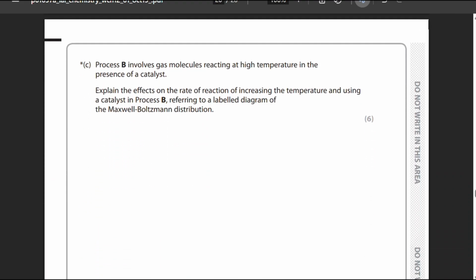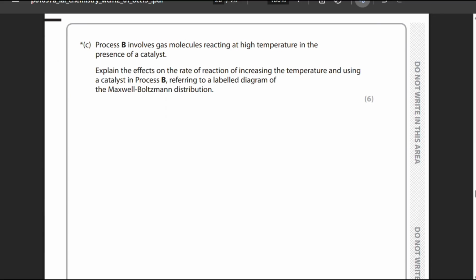Process B involves gas molecules reacting at high temperature in the presence of a catalyst. Explain the effect on the rate of the reaction of increasing the temperature and using a catalyst in process B, referring to a labelled diagram of the Maxwell-Boltzmann distribution. Okay, so you need to show the effect of increasing temperature and the catalyst in process B, and you need to draw a labelled diagram.